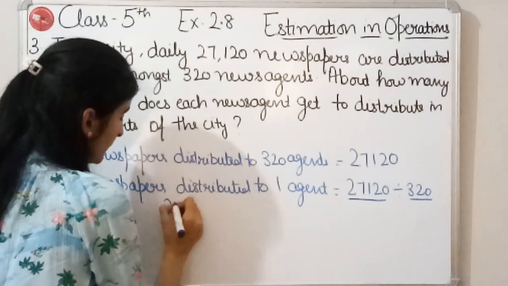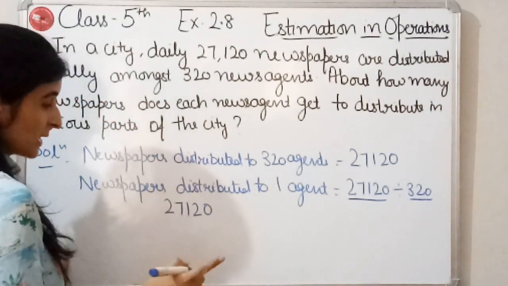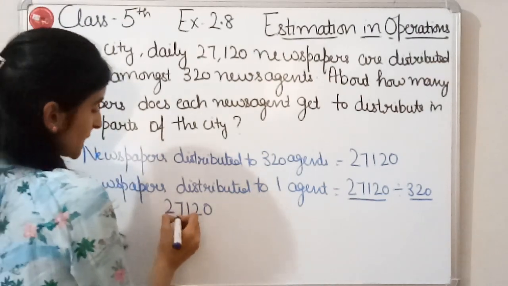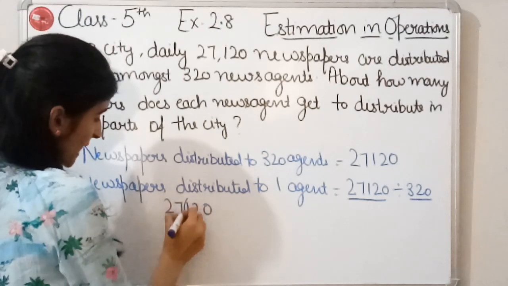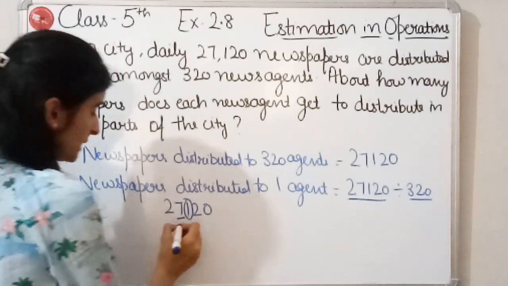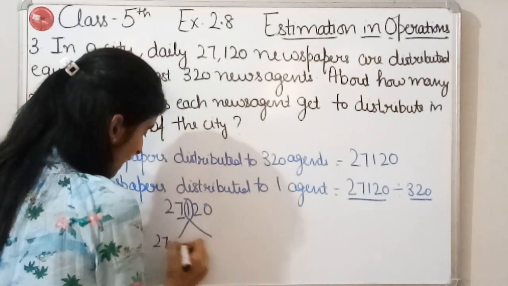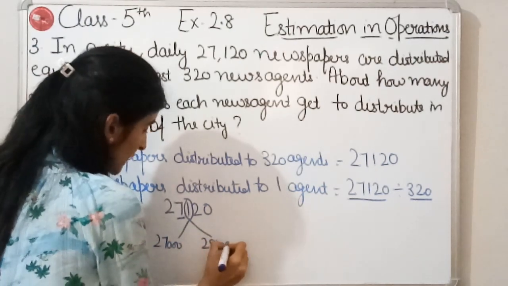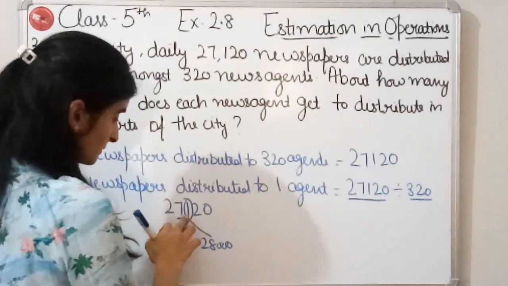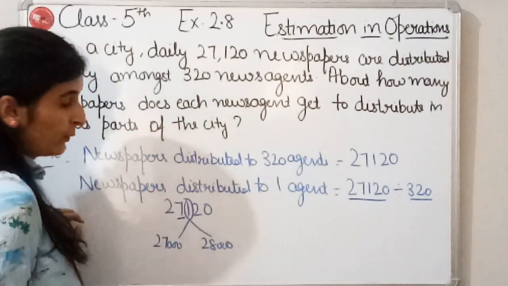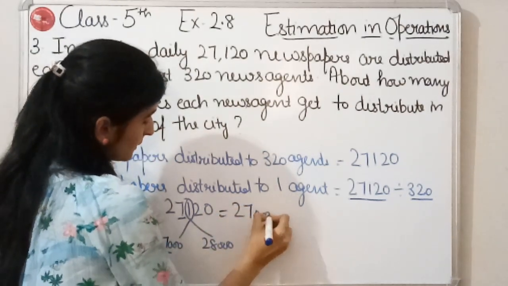So first of all, we will round off 27,120 to the nearest 1000. So for that, on the thousands place there is 7. On the right-hand side there is 1, and it lies in between 27,000 and 28,000. Clear? Now this 1 is less than 5, so this will be rounded down.